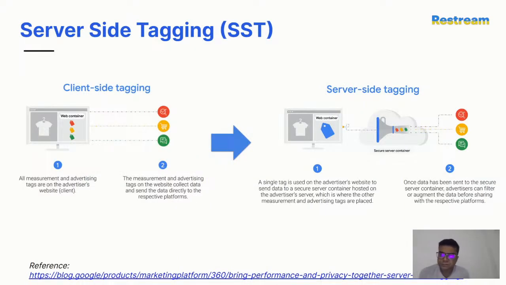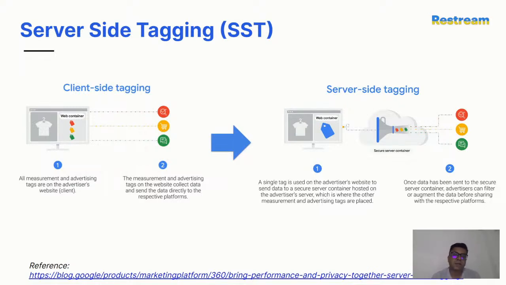So server-side tagging, as you probably know, has been a buzzword for the last one or two years, and everyone is switching from client-side to server-side. But what actually is client-side tagging and what is server-side tagging? It's fairly simple to understand. Right now, all measurement and advertising tags are on the advertiser's website, which is called the client, and these tags collect the data and send it directly to the data platforms.